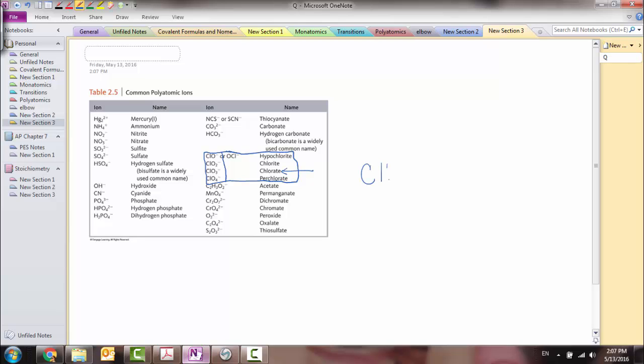So if we think about chlorate, okay, I'm going to just call it ate. Chlorate has 3 oxygens because, as Miss Guzman showed us, it's in the elbow. If you lose an oxygen from chlorate, so it becomes ClO2, I mentioned earlier that if you lose an oxygen, the ate turns into ite. So this one becomes chlorite.